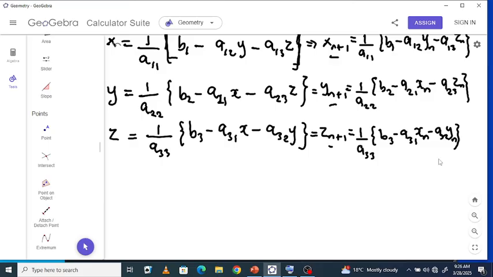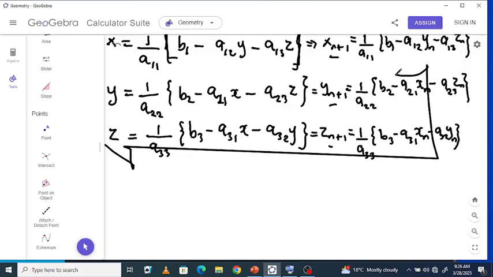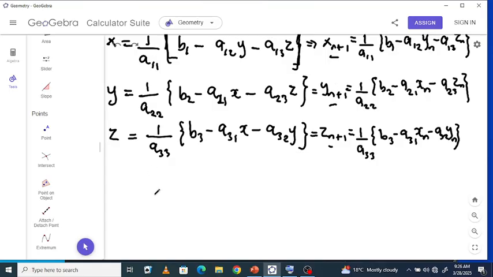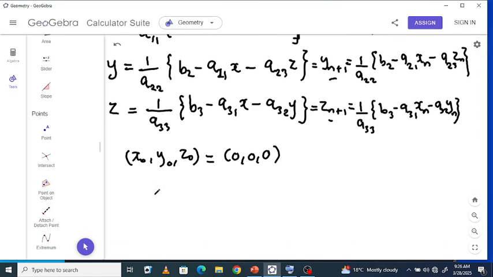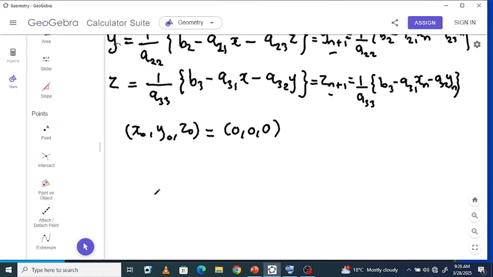And now, as usual, we are going to have our starting point. We have x naught, y naught, z naught, which is always given, and in case you're not given, we assume it to be 0, 0, 0. We're going to have a simple example.